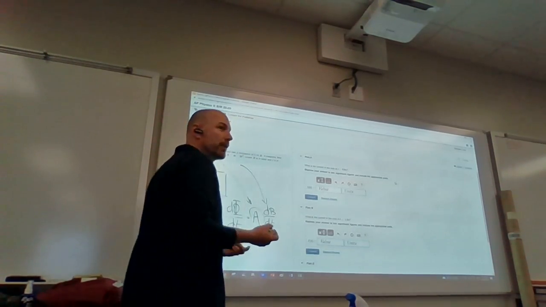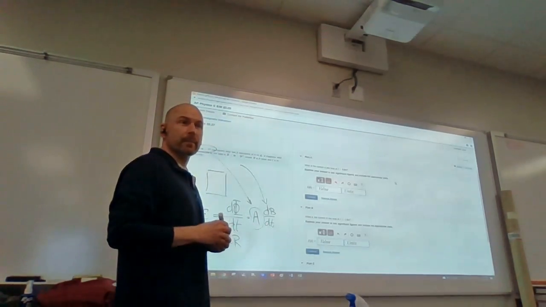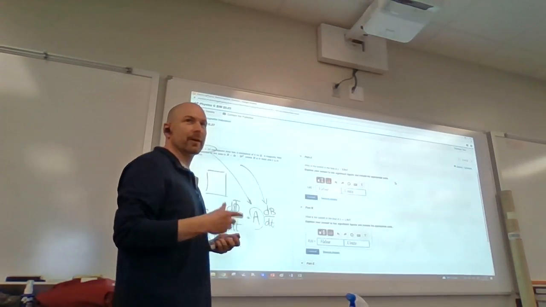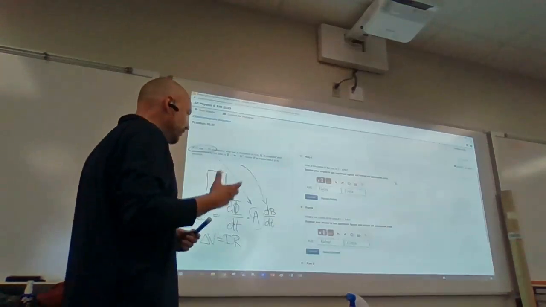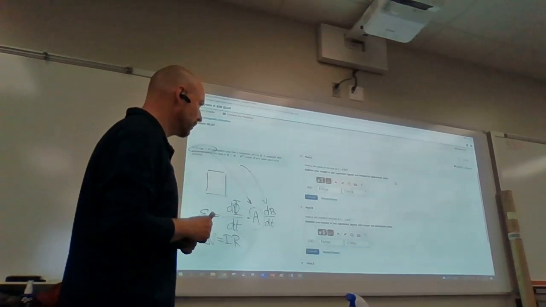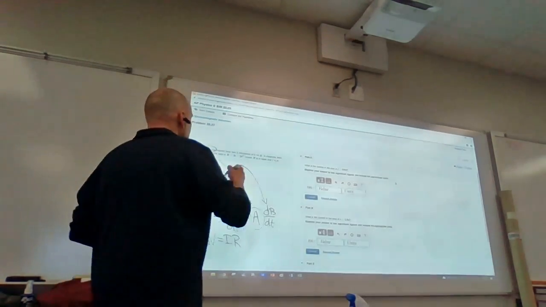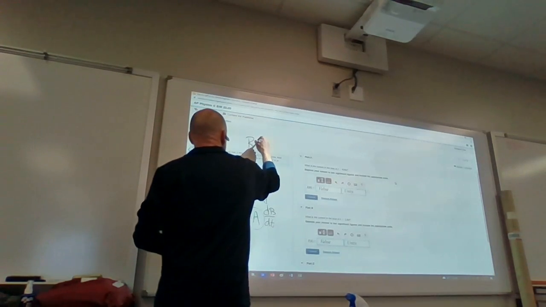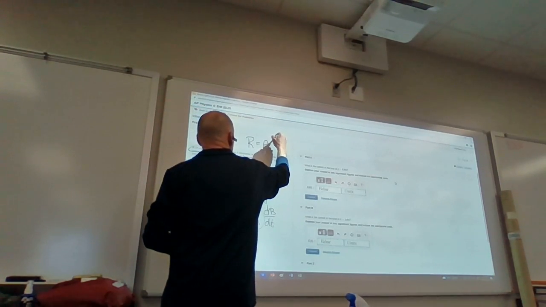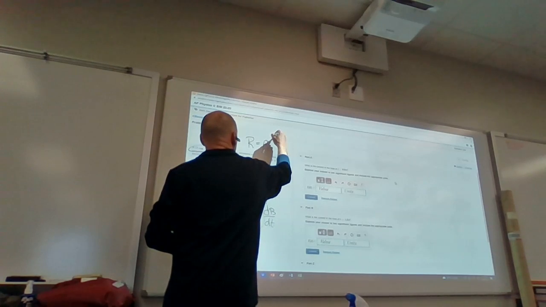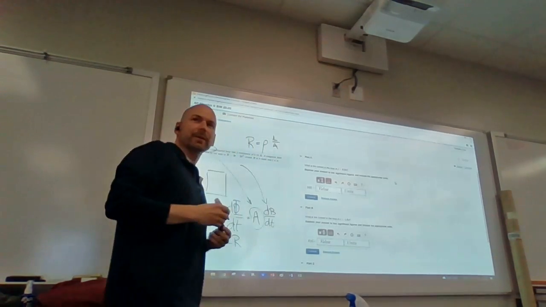Well, they could have given you the resistivity, and then you figure out the resistance. That's where I thought they might have been going. If they gave you the resistivity, then the resistance is equal to resistivity times length over area, or the radius of the wire.